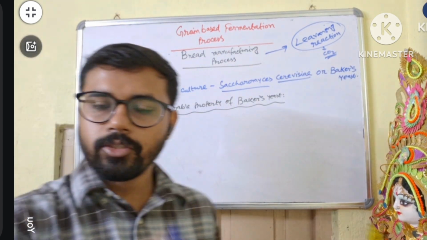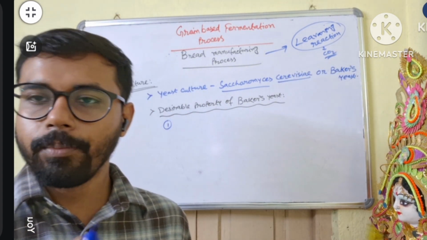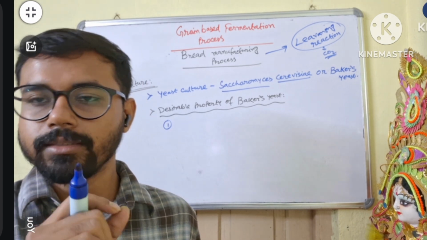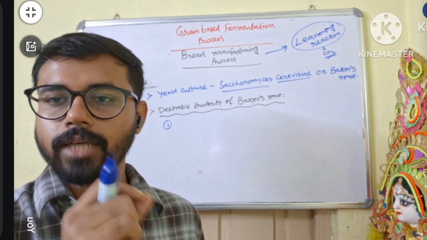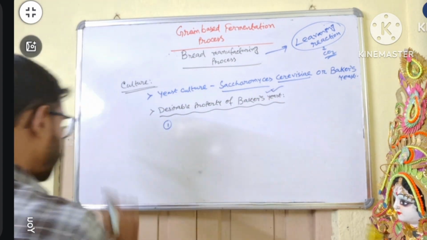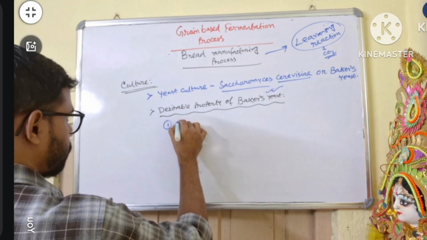So the Baker's yeast must have the property of high gassing power. That means high production of CO2. So the desirable property of Baker's yeast number one is high gassing power.